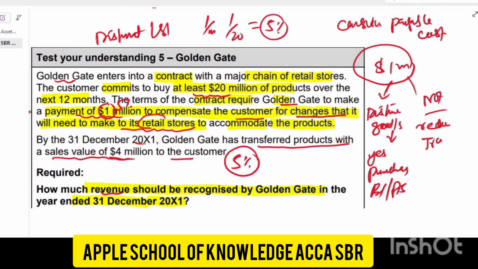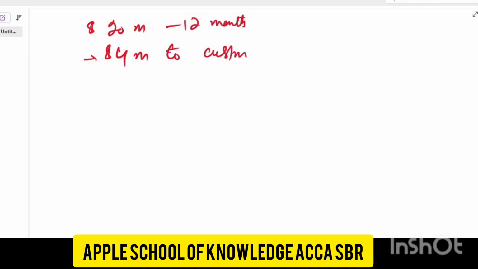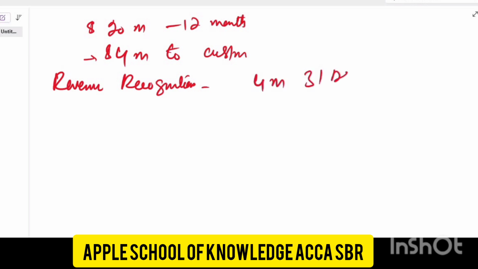Clear? So now the revenue recognition for Golden Gate. Golden Gate has transferred the product of $4 million by 31st December 2001.